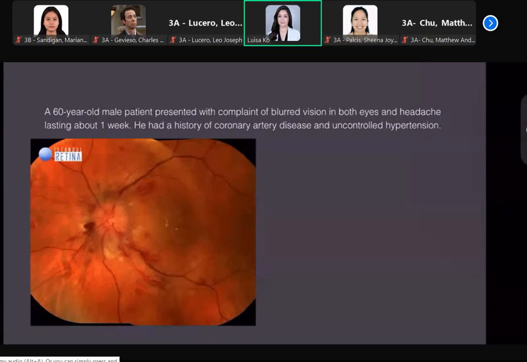So what happens in a case of coronary artery disease? Peripheral artery disease, any arterial diseases? There can be ischemia, Doc. There's sclerosis in the arteries, right?